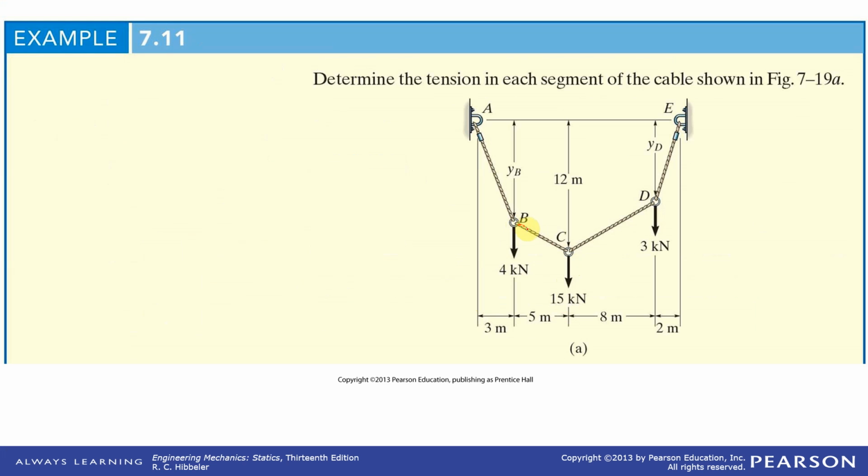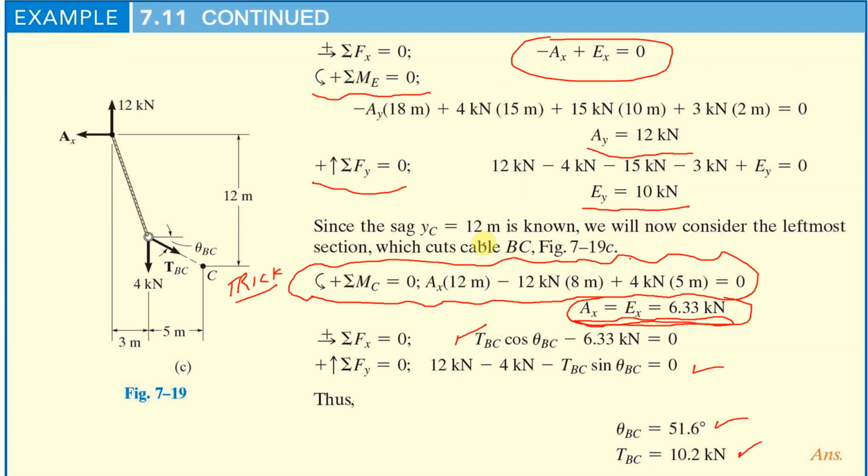There's a tension right down here. And that tension would have no influence on the moment about C. So we can look at AX independently. We've already found AY. So that lets us get at AX and EX. So we can write this down.